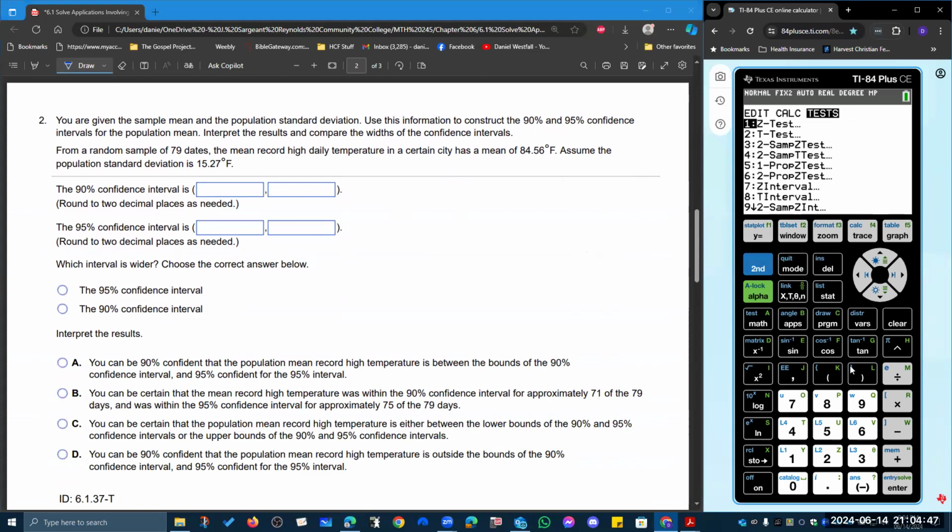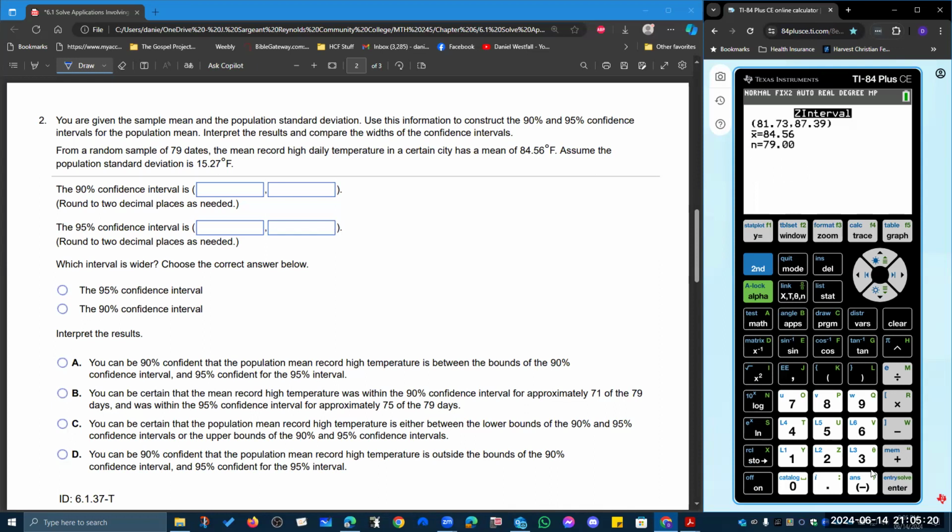STAT, TESTS, number 7, and our standard deviation here is going to be 15.27 degrees. Our x bar is 84.56 degrees. Our n is going to be 79. Our level of confidence we're going to start off with is 0.90.